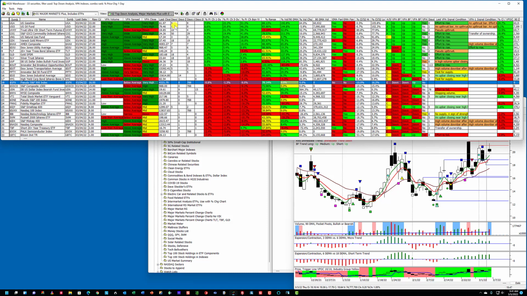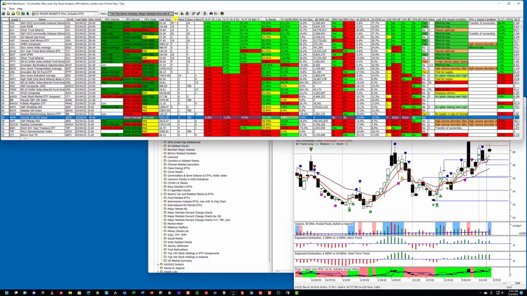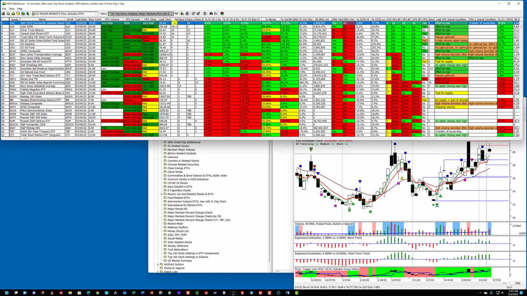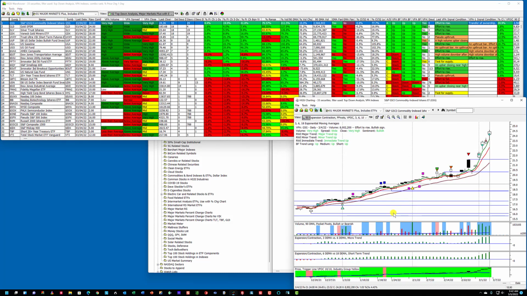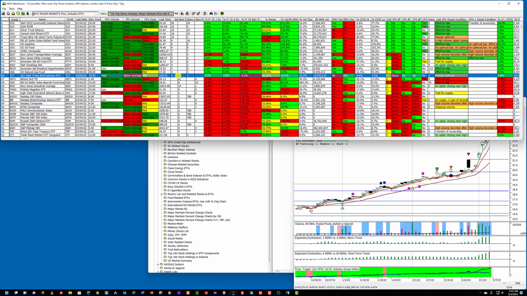Now, I've included another video for Insider Club members where I'm doing a tutorial that I came up with on Friday. And I go into an explanation more about these columns. But if I sort on this, you can see this commodity index crossed over 51 days ago. 0 is always a crossover day.